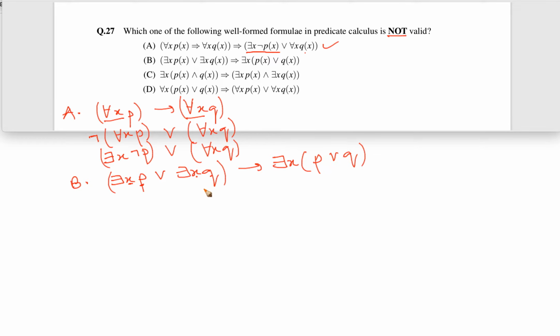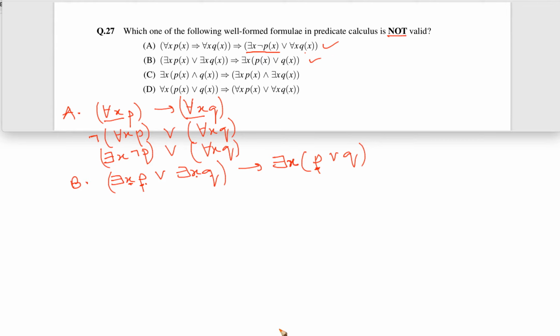Because I have at least one element for which p exists, so there is not even need to go there. Even if there exists one element for which p is true, this is true. So there exists p or q, this is also correct.